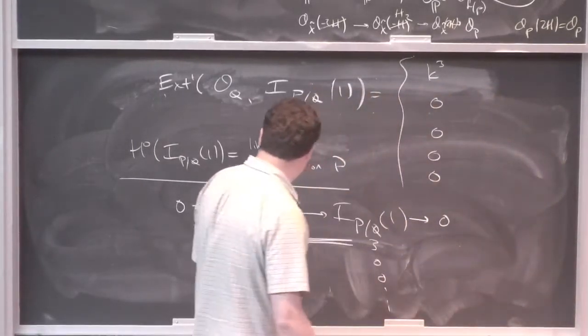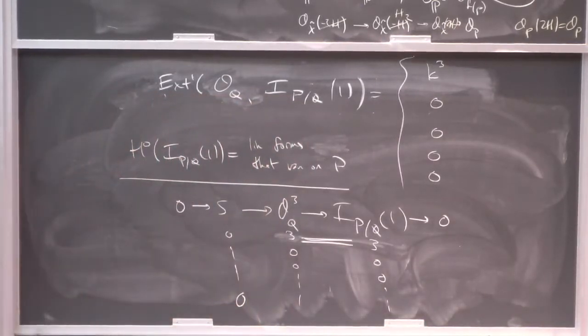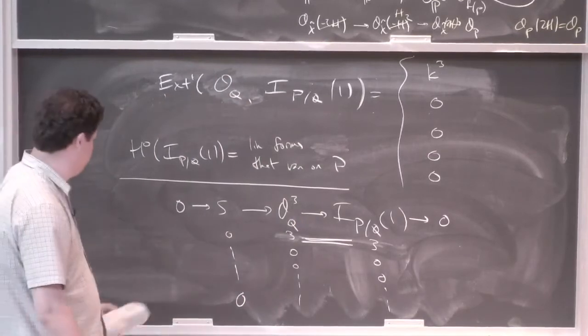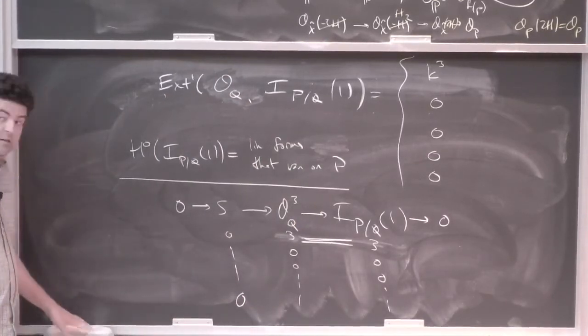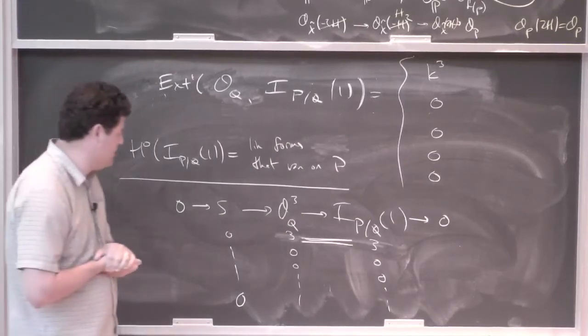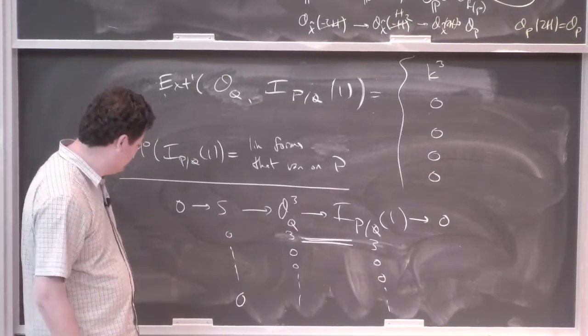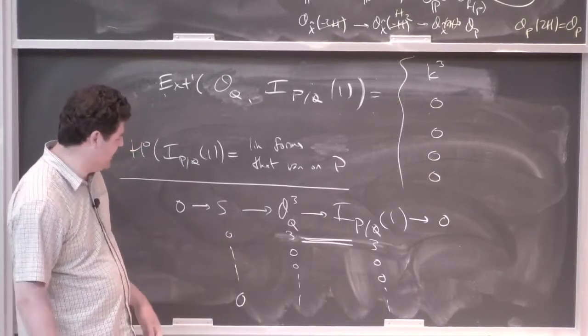And now what's the fastest way to see that S is not 0? Oh, yeah, okay. I was going to take cohomology. That's much better. I was going to twist by 1 and see that it had sections.